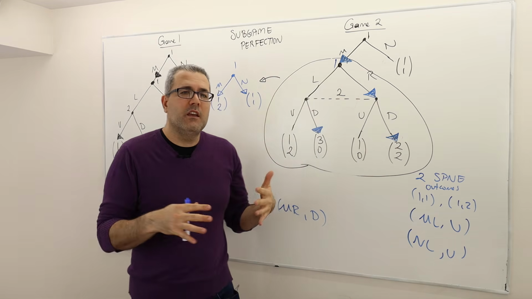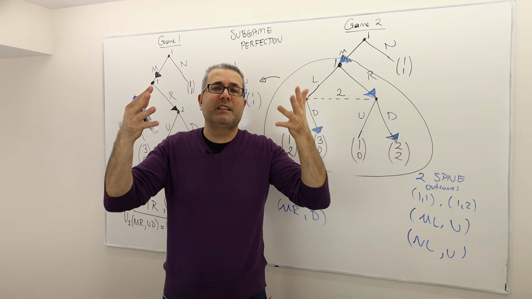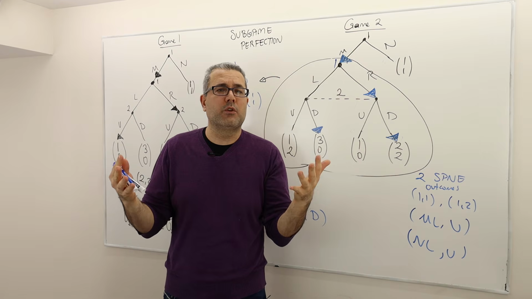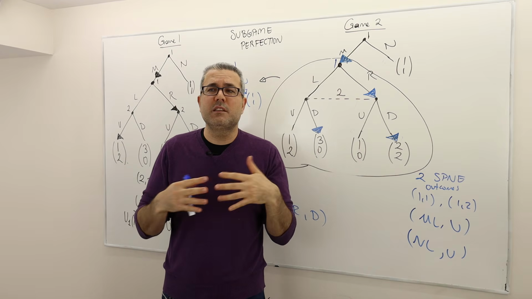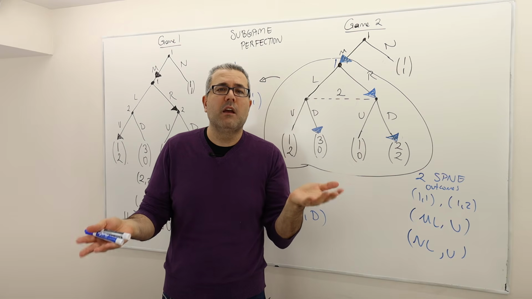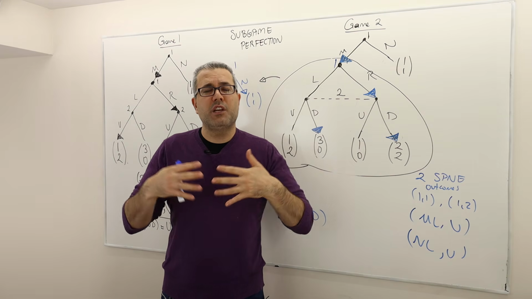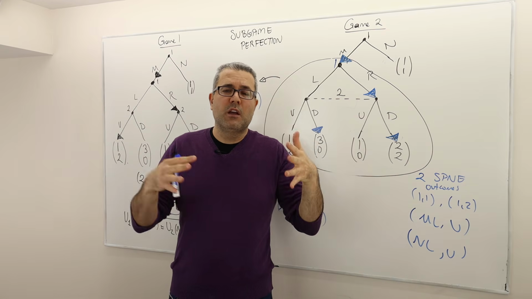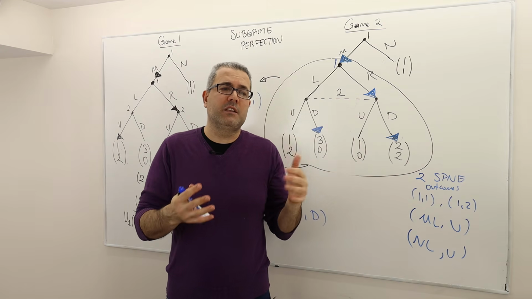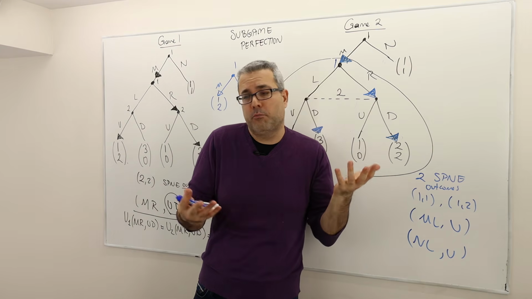Well, if this is not your solution concept, meaning if everybody else can deviate at the same time, obviously a bunch of weird things could happen. But to be honest, this is not an implausible way of checking optimality. In fact, there is a solution concept which checks deviations through groups, where a group of players deviate. It's not just one player at a time, but maybe both players may deviate.